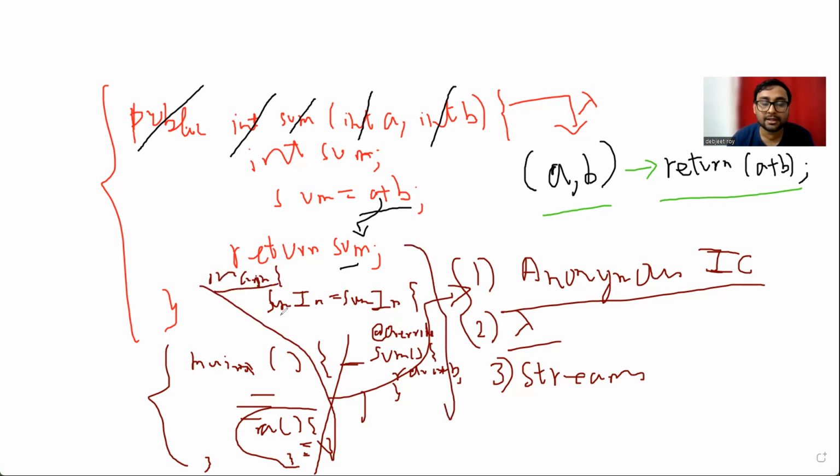Within the main method, you are creating this interface object reference, and then within that, you are overriding the sum method, which is present in the interface, and you are returning the sum of A plus B. That means this is a method I have written within the main method. That is possible with the help of anonymous inner class.